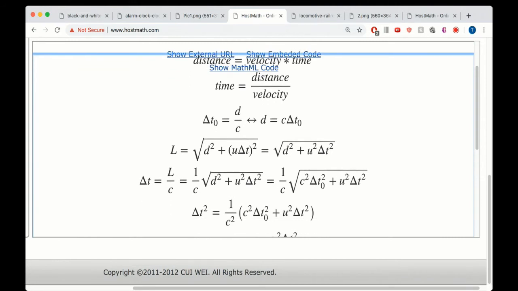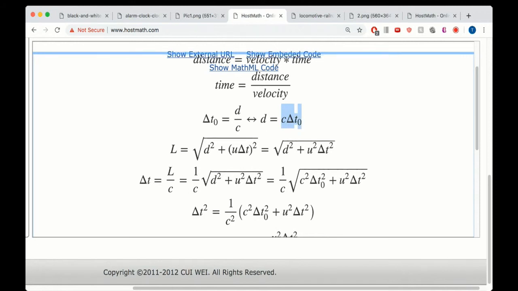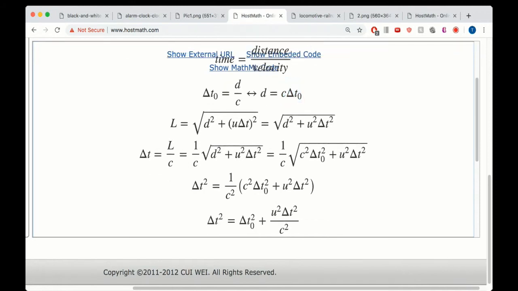Earlier we derived that in the previous reference frame, when you're standing inside the same room as the light clock, we had d is equal to c times delta t0. So we can substitute this delta t0 into our equation right here for d. We do that, and over here you can see this c squared delta t0 squared.